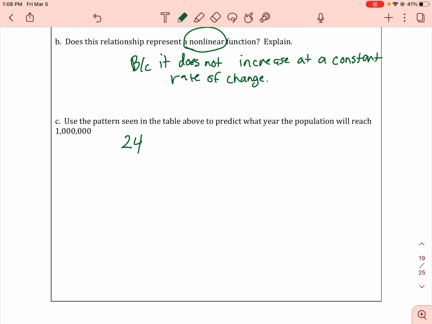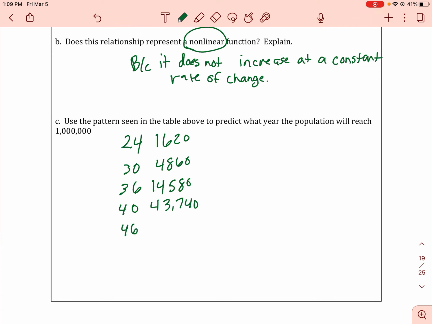So in 24 months, or 2 years, 1,620. Then at 30 months, or 2.5 years, 4,860 rabbits. Then at 36 months, or 3 years, 14,580 rabbits. 3.5 years, or 40 months, would be 43,740.